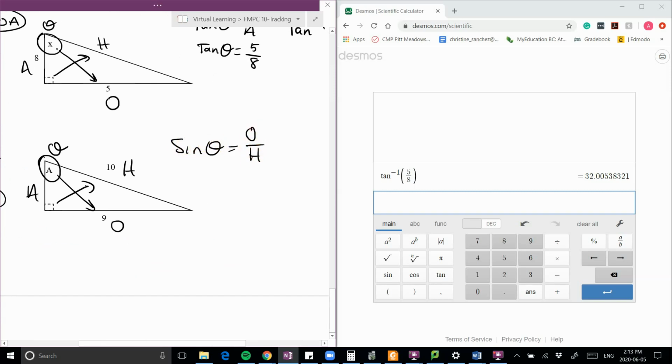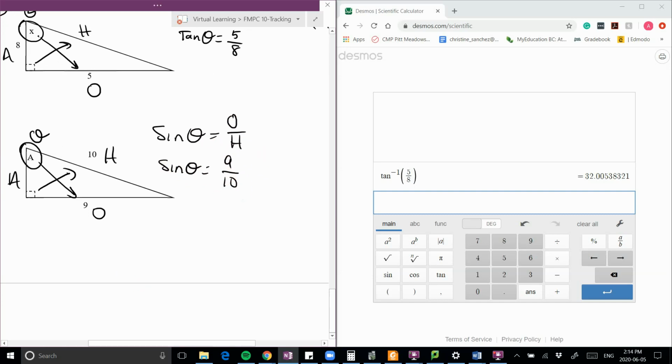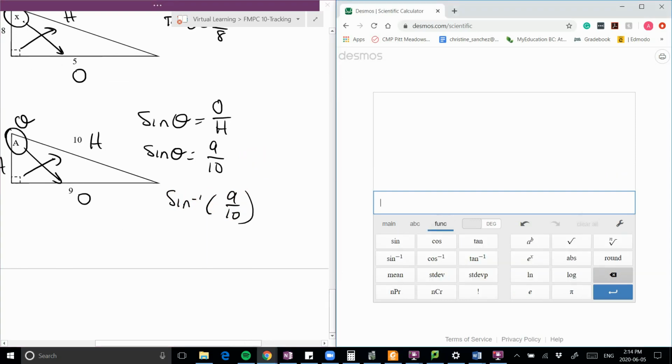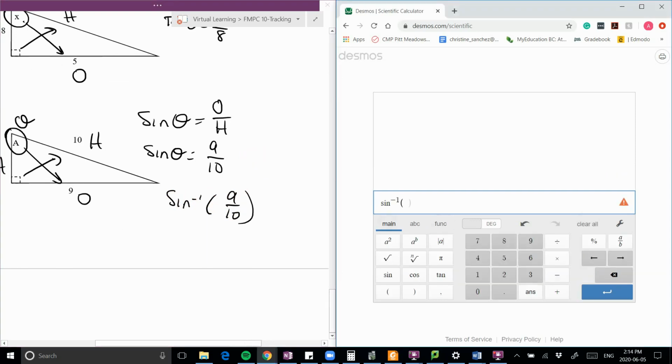O/H, 9/10. And so when we've got that fancy calculator, we're just going to go sine -1 of 9/10. Because that sine -1 is how we find that missing angle. So I'm going to go sine -1, fraction, 9/10.